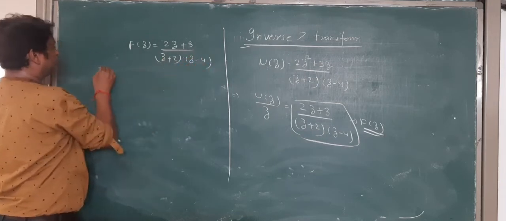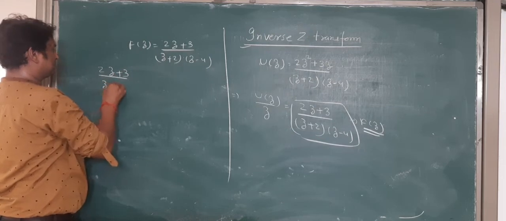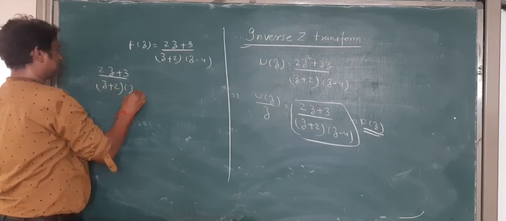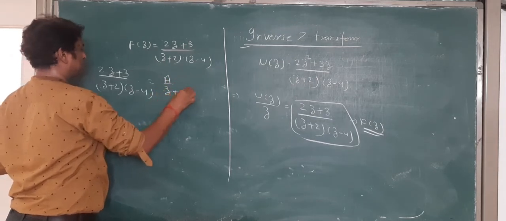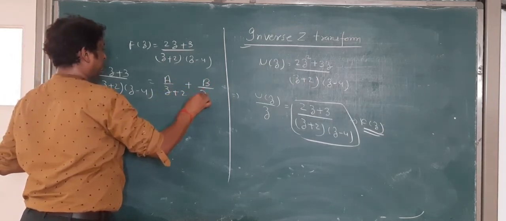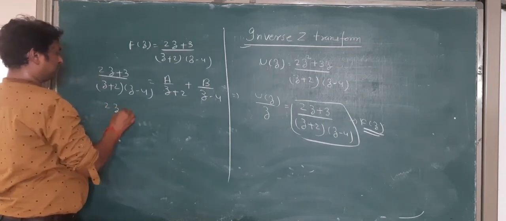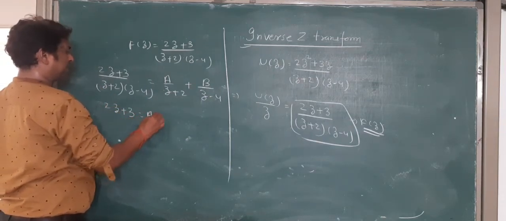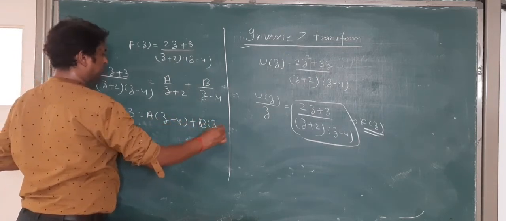How do we do partial fraction? We know very well: A upon z plus 2 plus B upon z minus 4. So 2z plus 3 is equal to A(z minus 4) plus B(z plus 2).